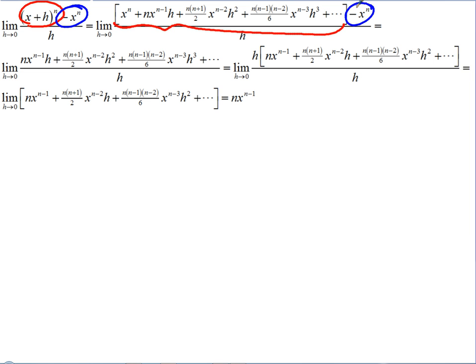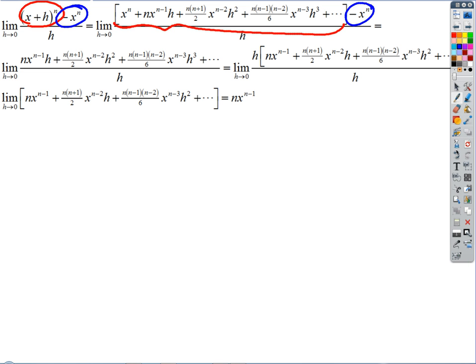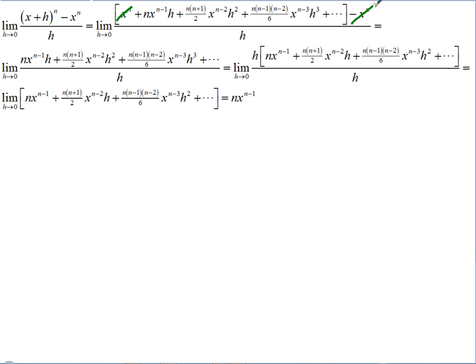We were able to, first of all, horizontally cancel those x to the n terms, which was nice. That meant that all the remaining terms had at least one factor of h in them that we could factor out.